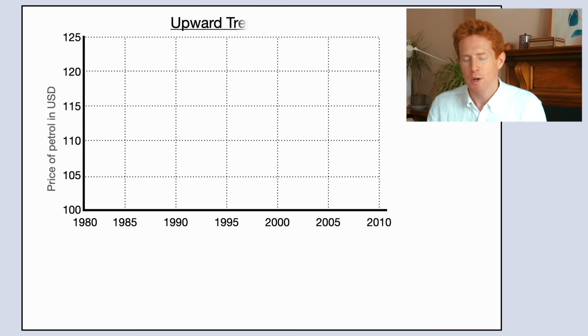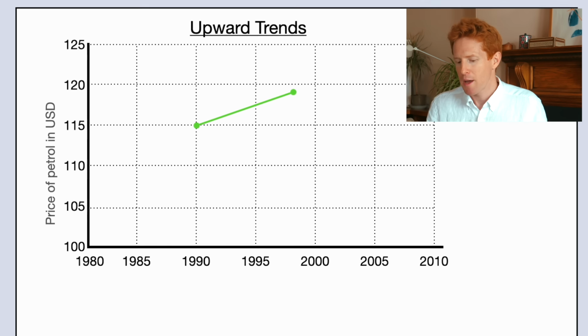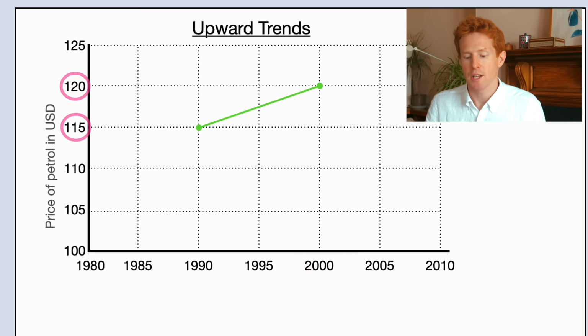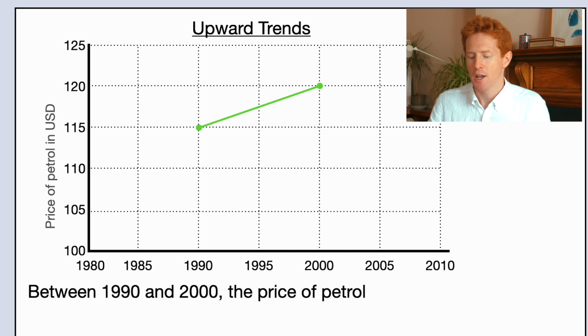So what about this? What about an upward trend? So imagine, for example, we've got 1990 at $115, and then we've got the year 2000 at $120. So this time the price increases by $5. Well, we could say something like, between 1990 and 2000, the price of petrol increased.